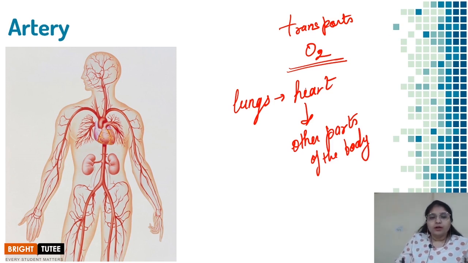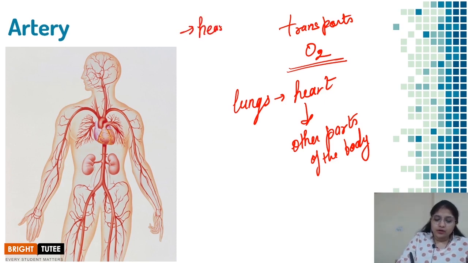Correct? So, the artery will help in the transportation of oxygen. The first thing which you need to remember is that the artery always takes the blood that is oxygen rich. Apart from that, the artery is moving from the heart to the rest of the body, right? So, the movement is away from the heart, to the rest of the body.